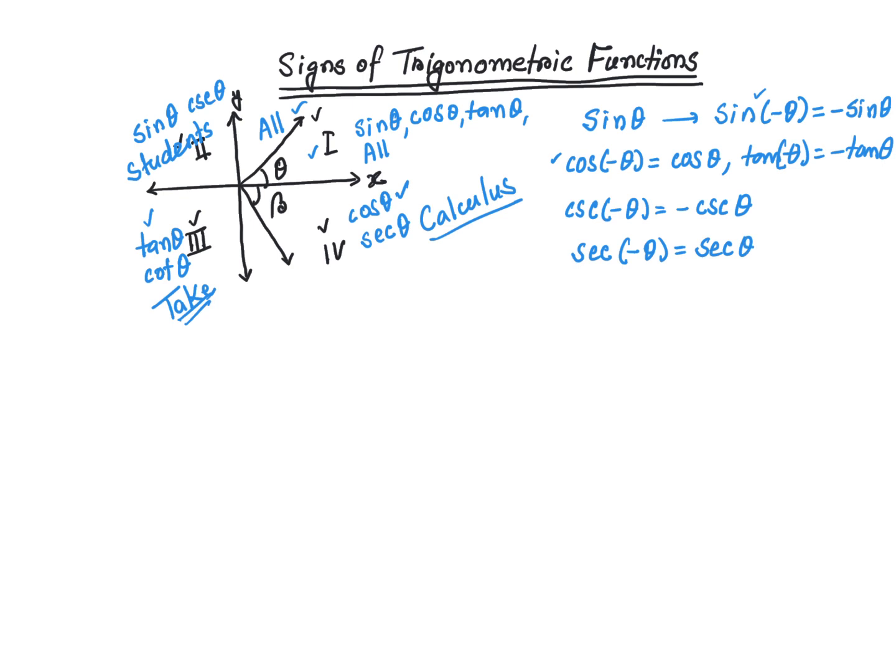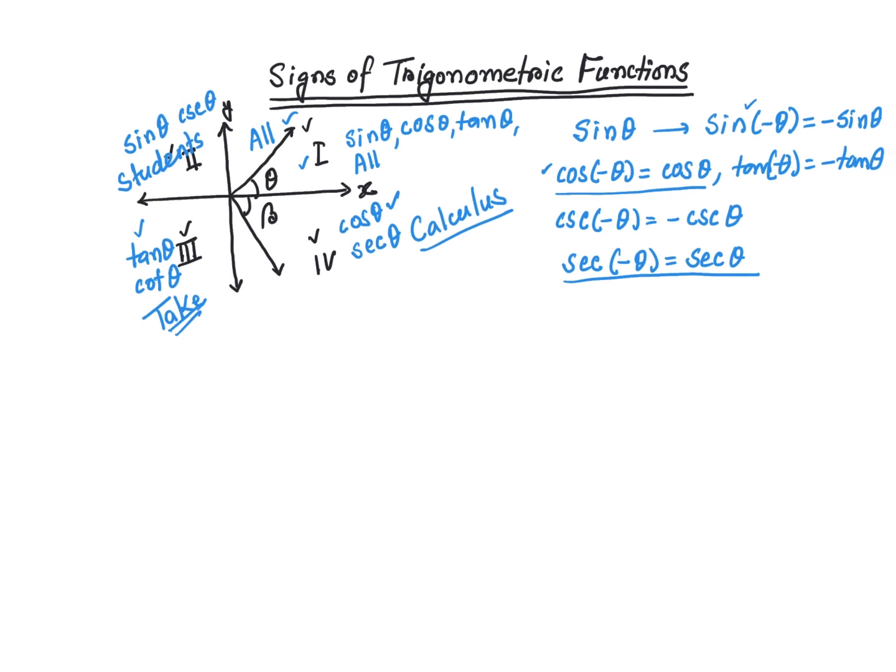Because look, cosine of negative theta is just cosine of theta. So similarly, secant of negative theta, which is the reciprocal, is going to be secant of theta. And cotangent of negative theta is going to be negative cotangent of theta.